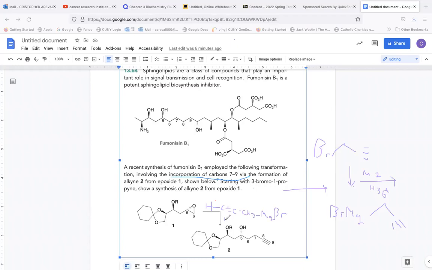And then always over H3O plus. So in essence, there was only one step we had to do: figure out that it was a Grignard that we needed.